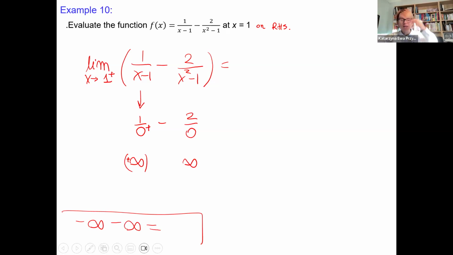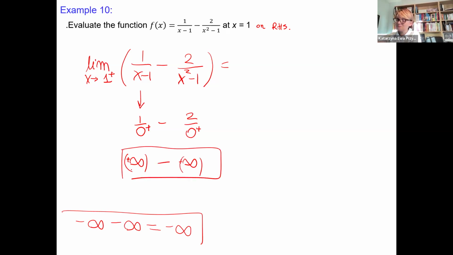Big number, negative big number, and then another negative big number is a negative big number. That means we have to be careful. And then one from the right will be a little bit more, this will also be positive. That means yes, this is indeterminate. Otherwise, we have to check both sides. Probably both sides will be indeterminate, but let's just use the right-hand side. This is the example of the difference.